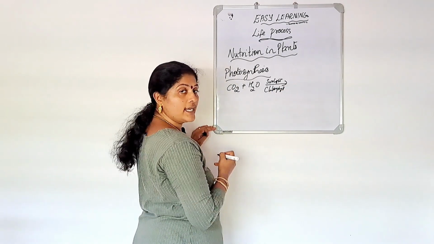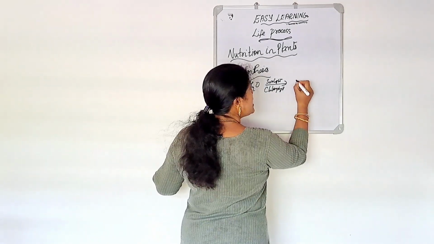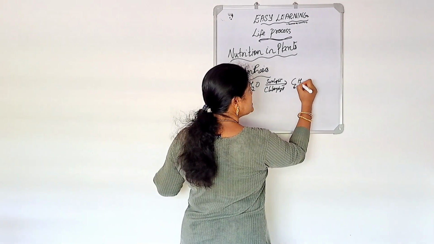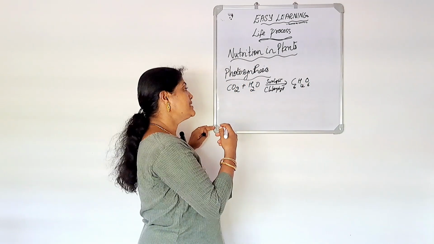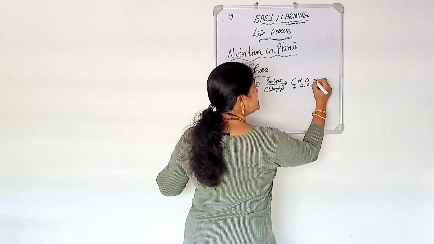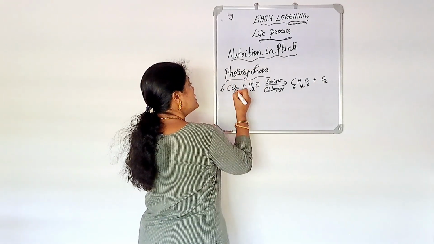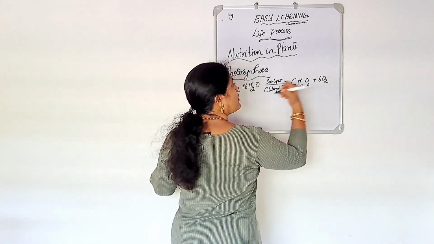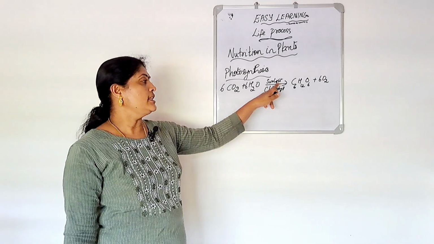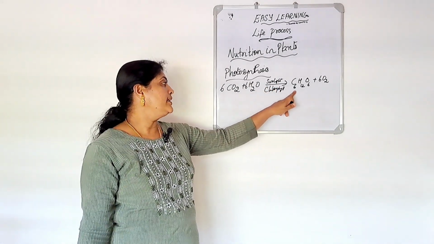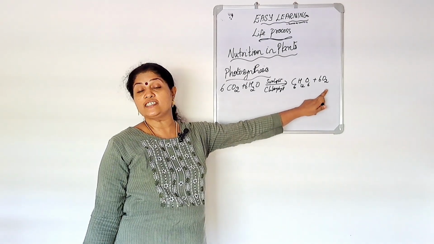What is the product formed during photosynthesis? That is glucose, C6H12O6, plus oxygen. We just have to balance the equation: 6CO2 plus 6H2O in the presence of sunlight and chlorophyll gives C6H12O6 plus 6O2. Oxygen is released.